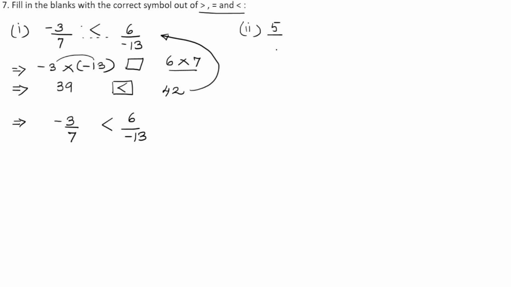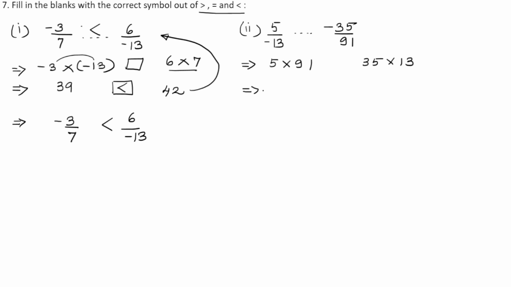That is 5 by minus 13 is to be compared with minus 35 by 91. Now again the denominators are different. We can actually go for cross multiplication. So on cross multiplying, 5 gets multiplied with 91 and 35 gets multiplied with 13.